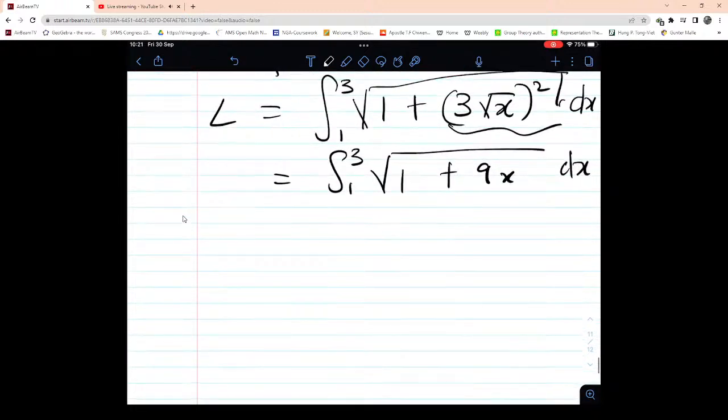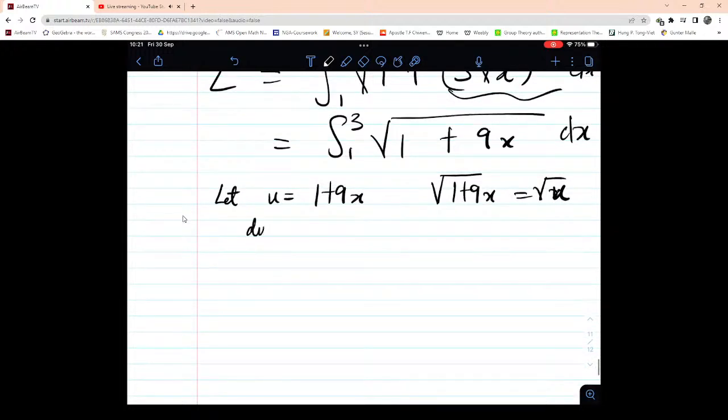There are several ways of thinking about this, and you can follow what is in the textbook, but I'm going to do a different one. If we let u be equal to 1 plus 9x, then we get the root of u, and du over dx is equal to 9, so 1 over 9 du is equal to dx.